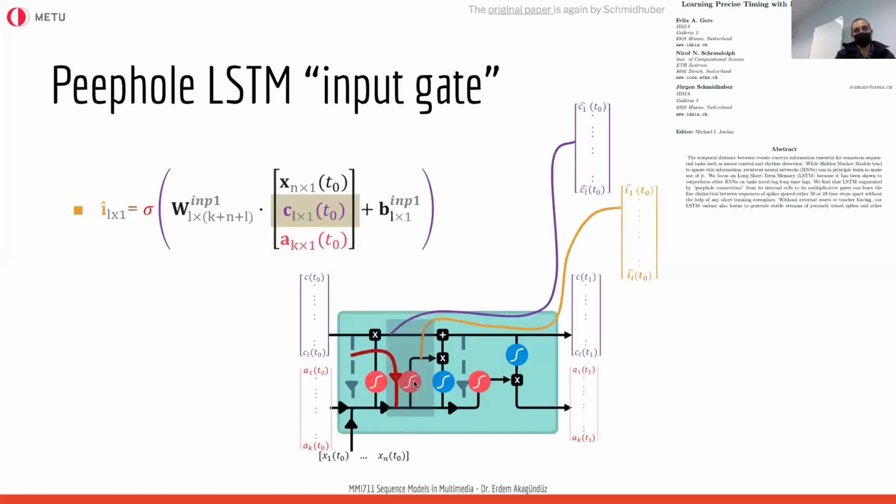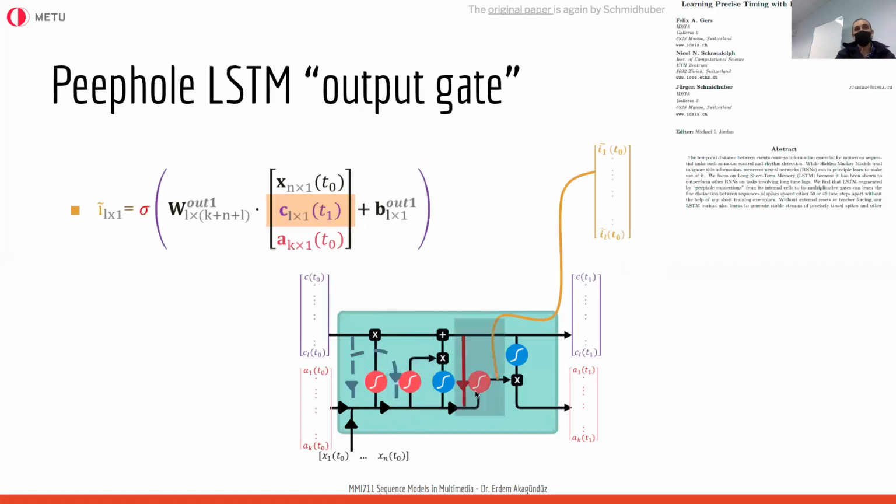So again, for this gate, the concatenated vector does not only include the input and the previous hidden state, but the previous cell state as well. So again, the cell state will be affected, right? And again, for this gate, the peephole connections are to the fuzzy gates, the sigmoid gates only.